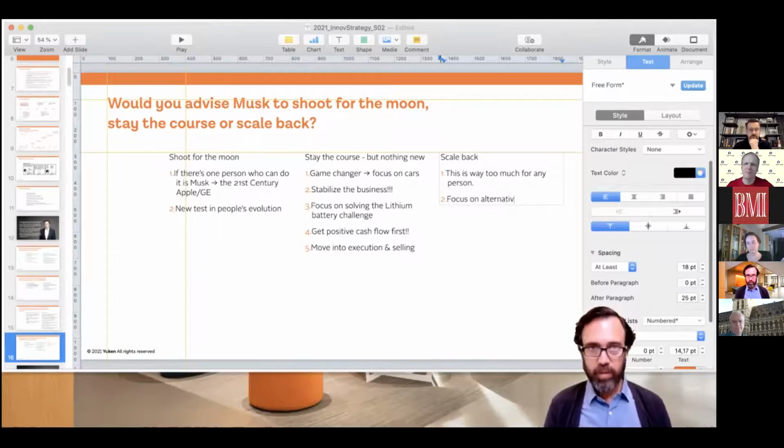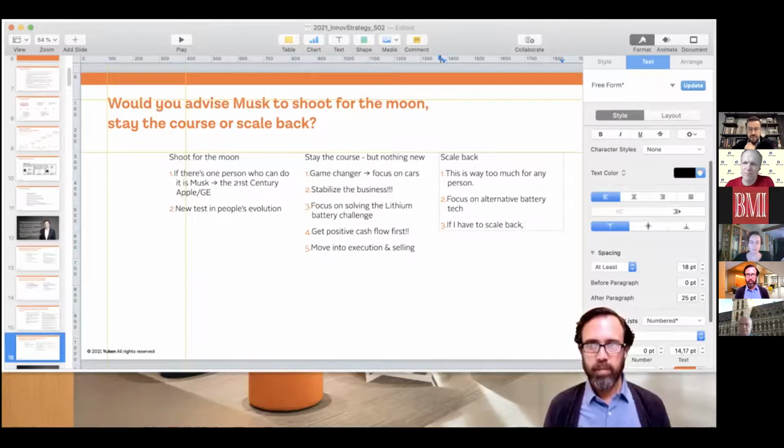I would say if I would need to scale back, I mean, I'm for shooting the moon to keep the enormous market valuation. But if I would have to scale back, I think that the gigafactory and producing the batteries would be a good decision.